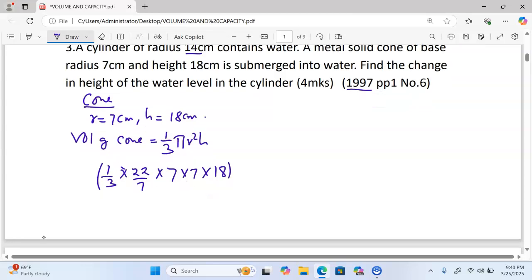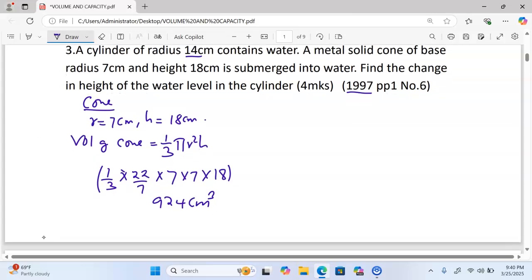If you work this out using a calculator, you are going to get an answer equivalent to 924 centimeter cubic as the volume of the metal cone. Remember, this volume would be equal to the volume of water displaced in the cylinder.